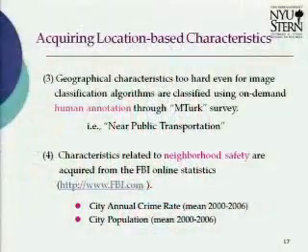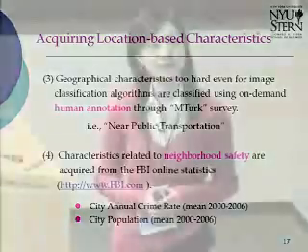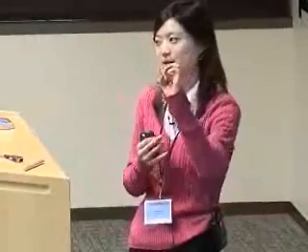But for some other geographical characteristics, for example, near public transportation, they are too hard even for image classification algorithms. Because, for example, if we want to know if this hotel is by a subway station or not, at a subway station we can see a very little sign of a subway train on the image.